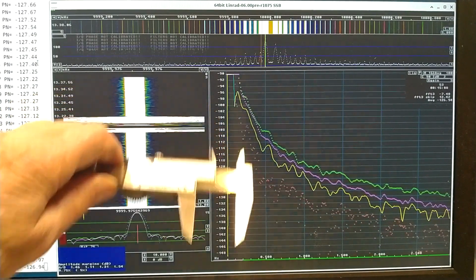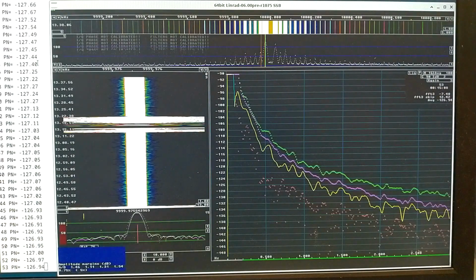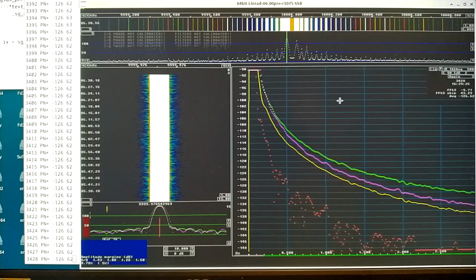I will wait for quite some time to get good readings and to compare the shape of the curve with what I had before. After 16 hours and 40 minutes, I see minus 126.62, and that's the same over all of the measurements.